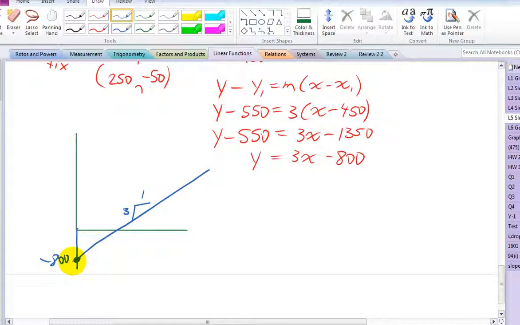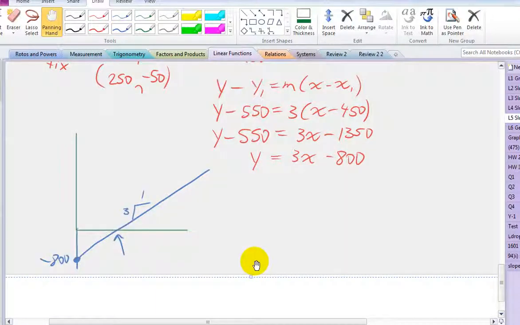So the negative $800 is my setup cost. What would this be right here, right across 0? Not profit yet. It's not a loss, not profit. Break even point.